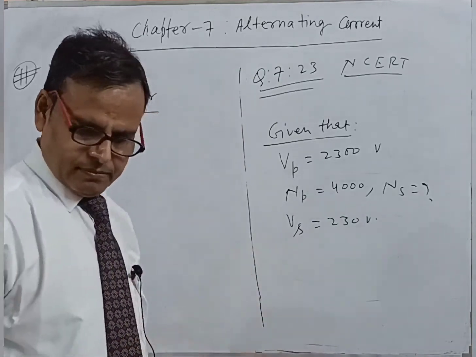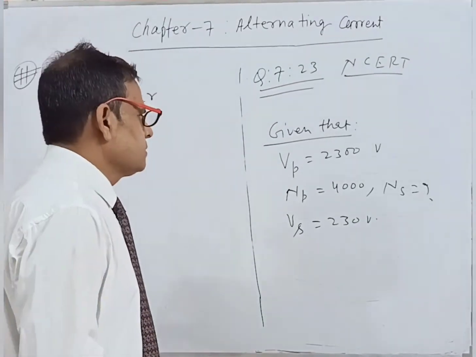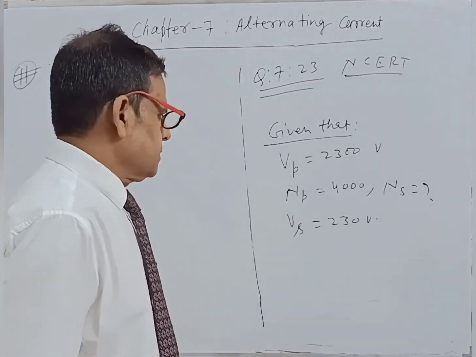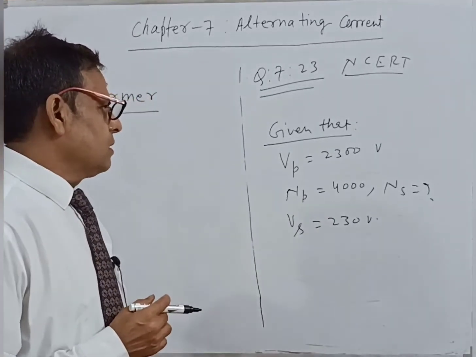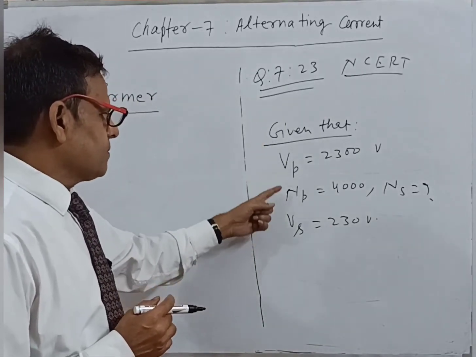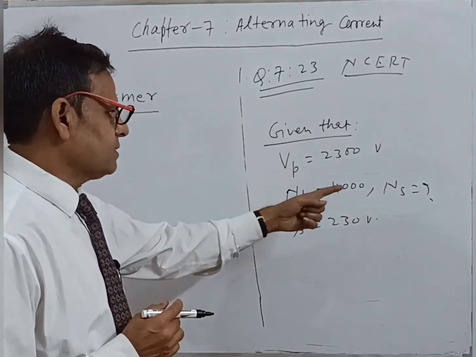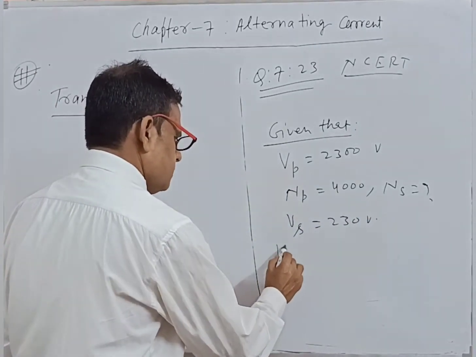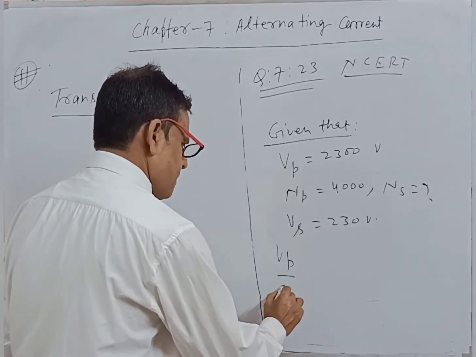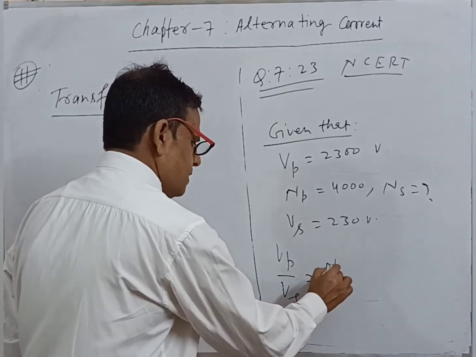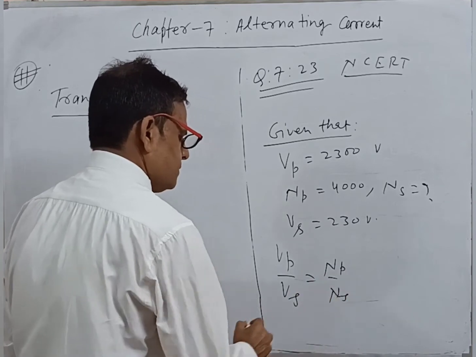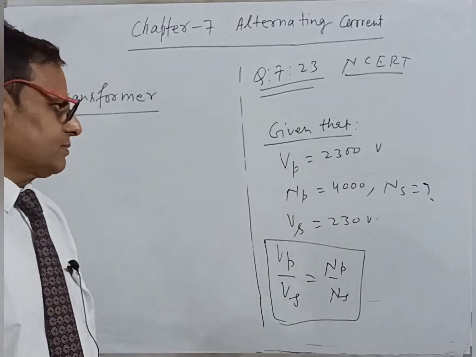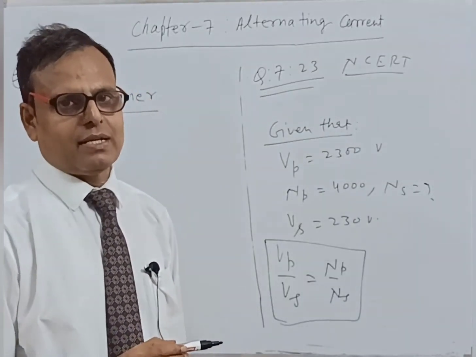This is the data given in the question. Now you can look at the given data, Vp, Np, Vs, Ns, means the relation Vp by Vs is equal to Np by Ns. That will help to find the value of Ns, number of turns in secondary coil.